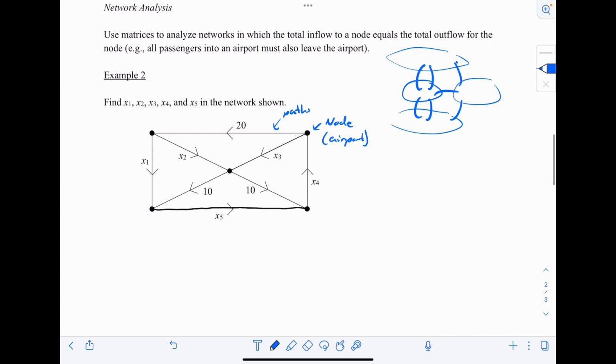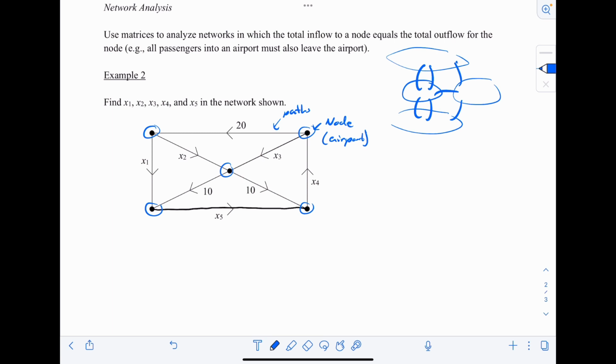So very simply, in this case, because we have 5 nodes, we're going to end up with 5 equations, because for each of these nodes, we're going to set up an equation that simply represents the total net sum of inflow and outflow having to equal 0. Okay.